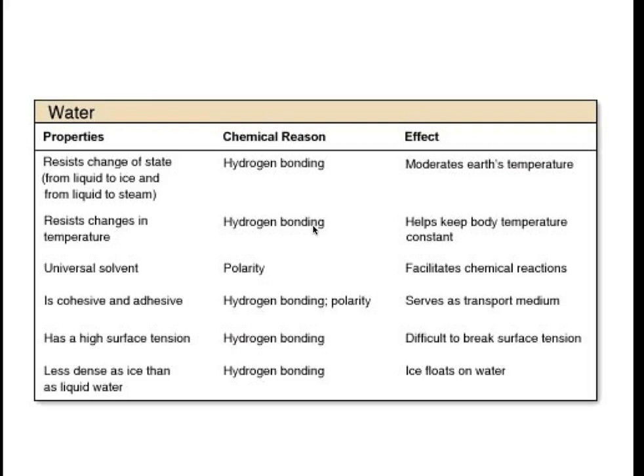But for life on Earth, that's fantastic. That also means that when you form ice, it is less dense as ice than as liquid water. Again, hydrogen bonding is because of that. Ice floats.